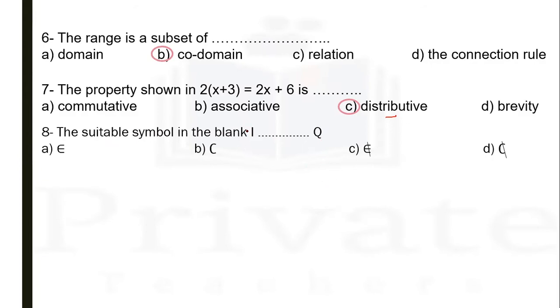That means I is a subset of Q. So this is the answer. Here, the difference between the set and the element: this symbol is clearly for elements only, and this one for sets. So between two sets, we put this sign. Between an element and a set, we put this sign.